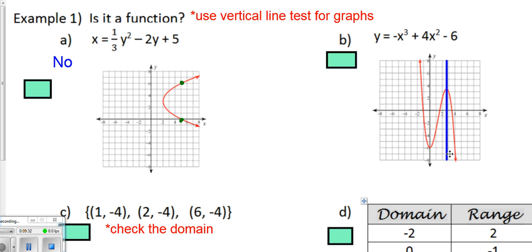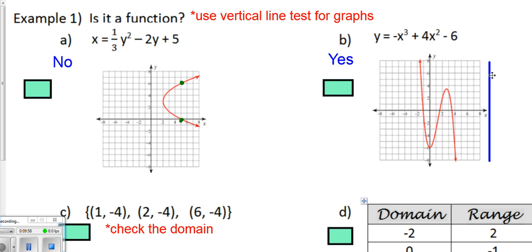So we come up here, again, it's still only touching 1 all the way through. And because of the arrows, it's going to continue on forever like that. But if I were to continue to slide this across our graph, it would still only be touching 1 point at any time. So because it's always touching just 1 point, we would say, yes, this one is going to be a function. It does pass the vertical line test.